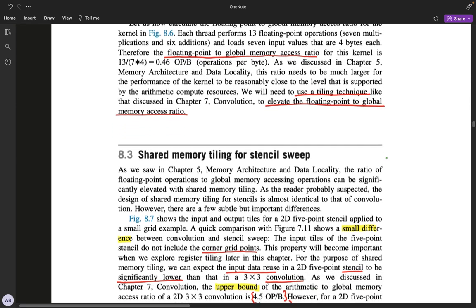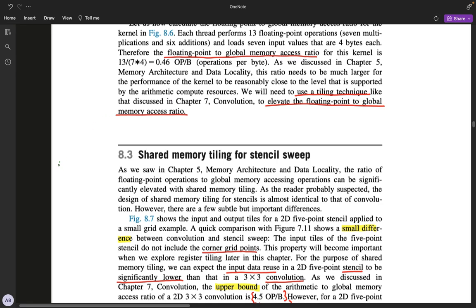So one of the ways we can improve this ratio is like we did in convolution. We can use shared memory, so that the number of global memory loads per thread comes down.